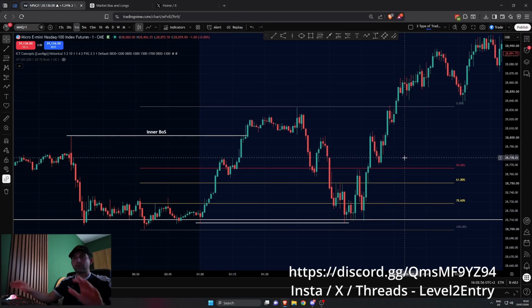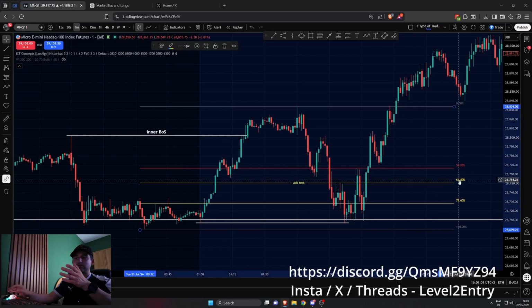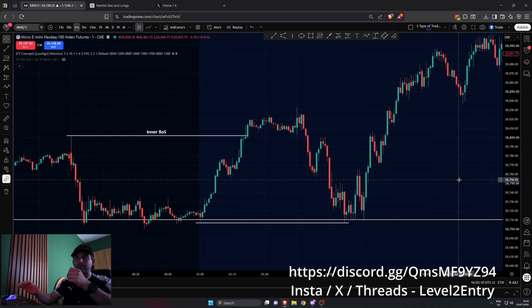We mark the only point where I want price to go below or else make the same low, and we can delete the fib as we don't need it anymore.